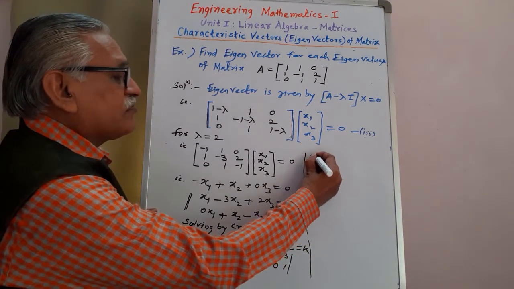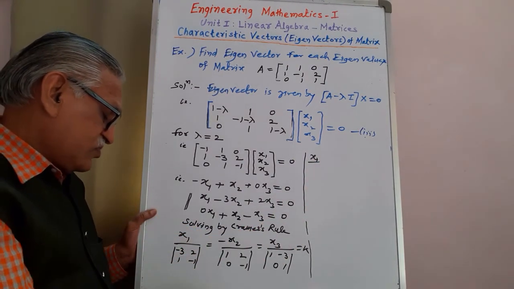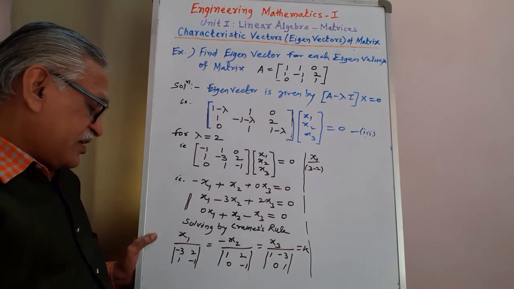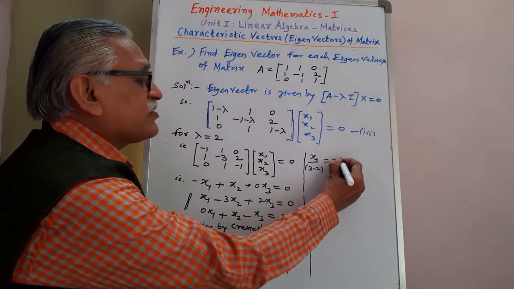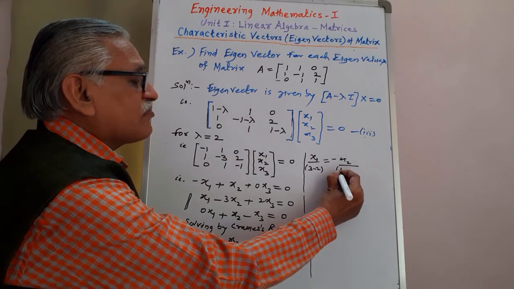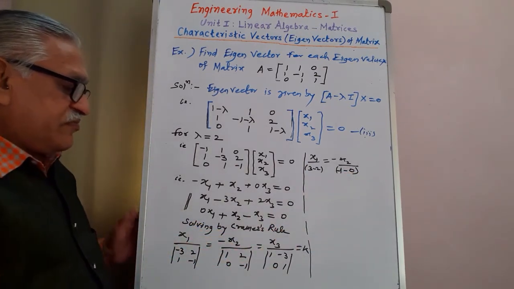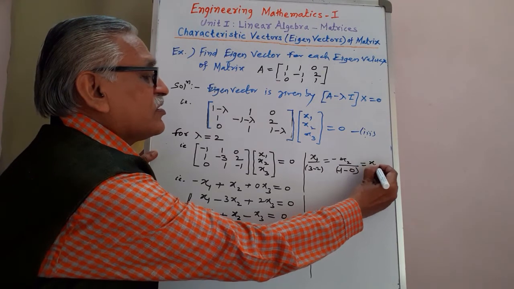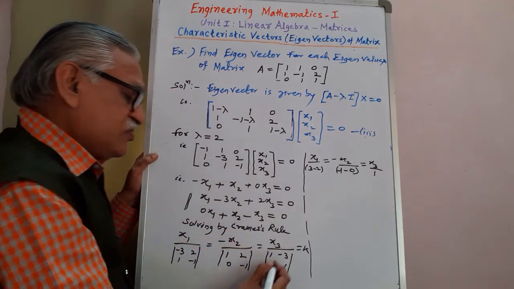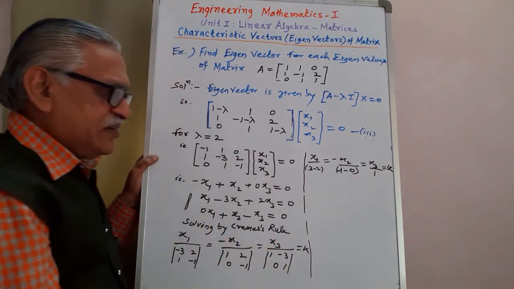Therefore x1 upon 3 minus 2 is equal to minus x2 divided by minus 1 minus 2 into 0, we get 0, is equal to x3 upon 1 minus 0, we get 1, is equal to k, say.